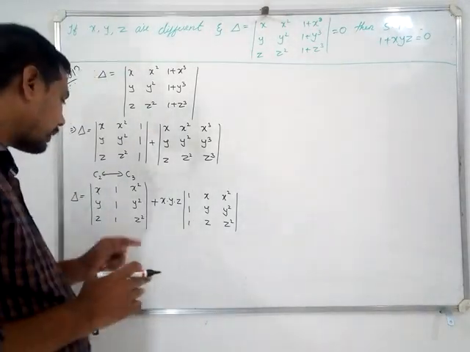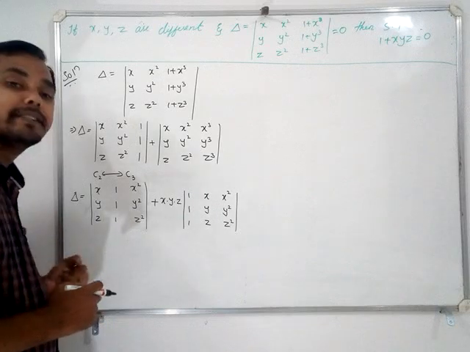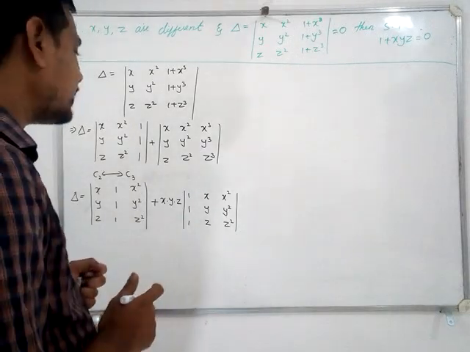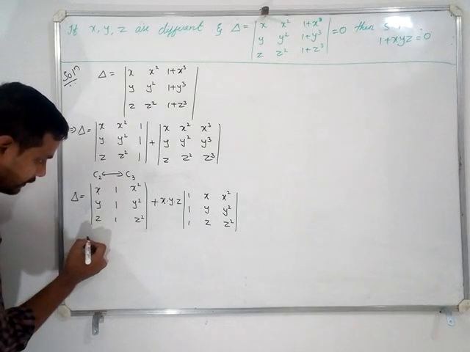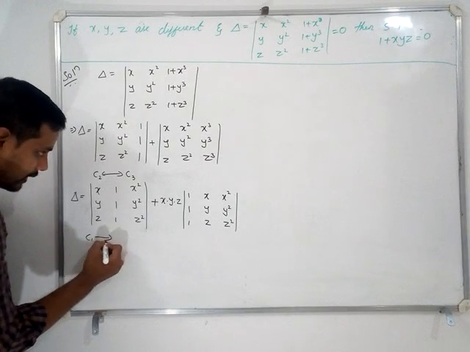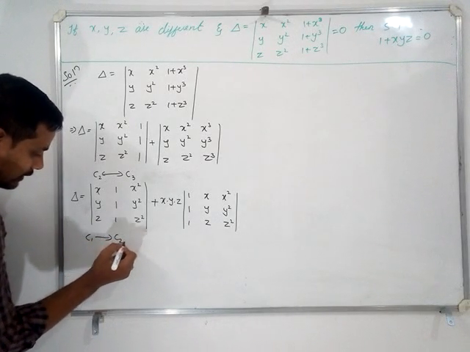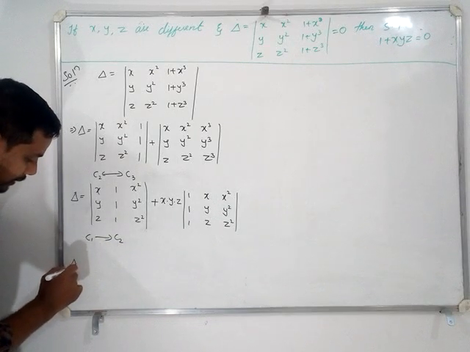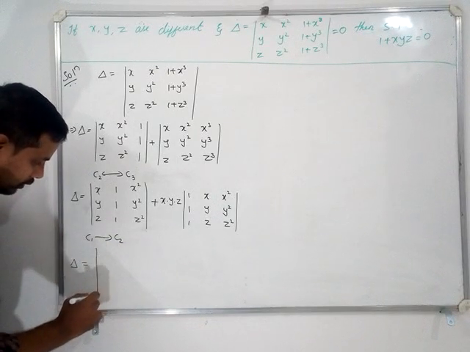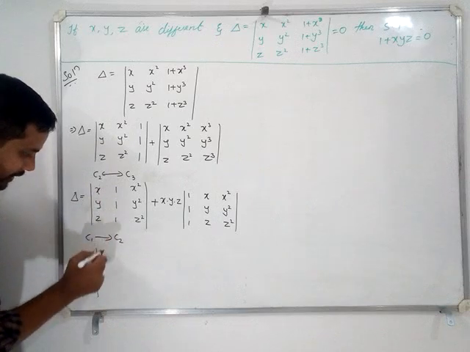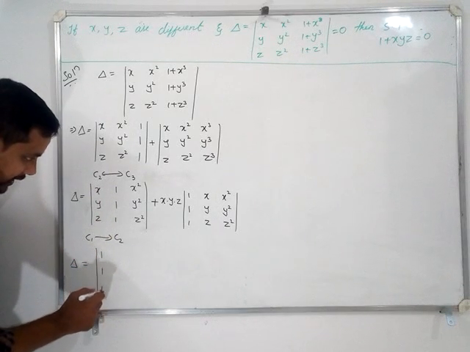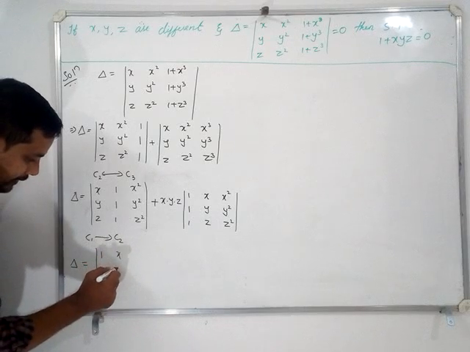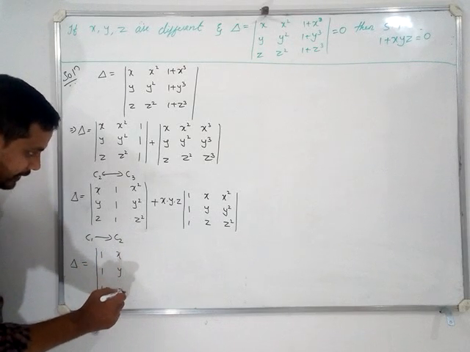Now I should apply one more property. I should interchange C1 and C2. C1 interchanges with C2. So then delta will be equal to, see, C1 becomes C2, so C2 shifts to C1: 1, 1, 1, x, y, z.